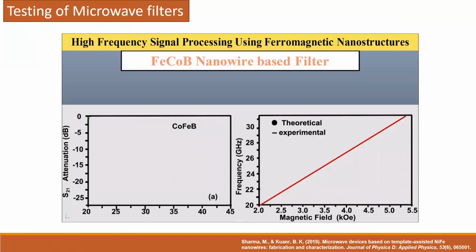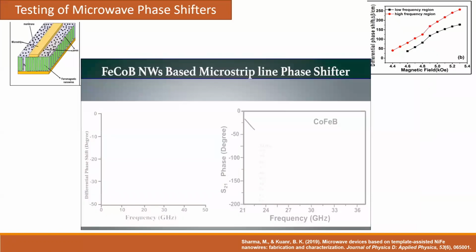Now, when we do the measurements of these microwave devices on the ferromagnetic nanowire substrates, this shows the iron, cobalt, boron nanowire based filter.